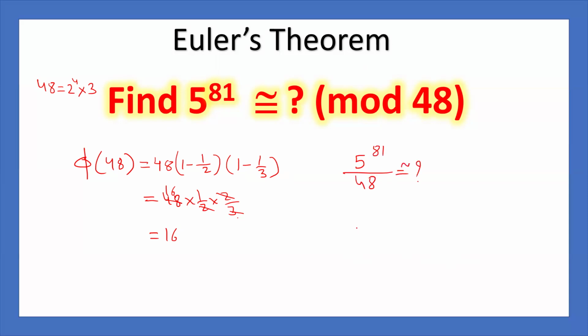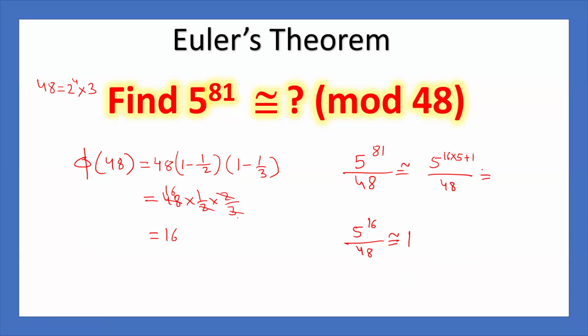We know that 5 to the power 16, where 16 is the totient function of 48, will give 1 as the remainder. Now 81 can be written as 16 times 5, which is 80, plus 1.